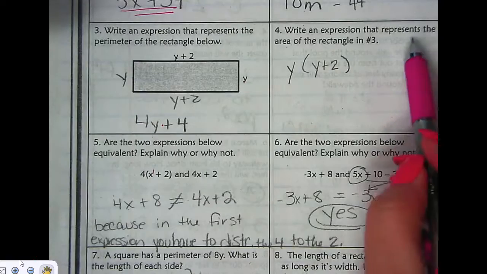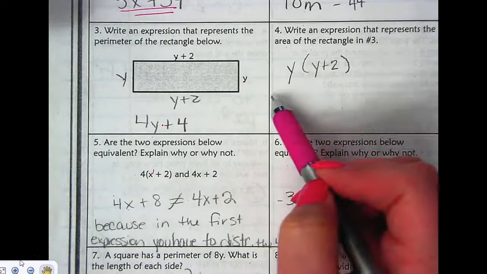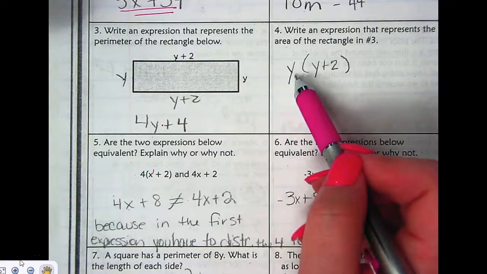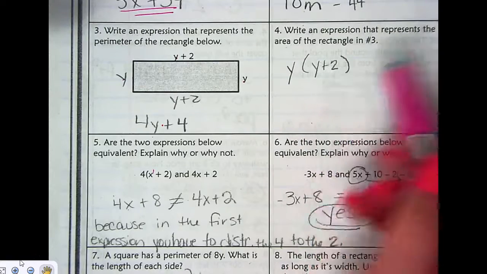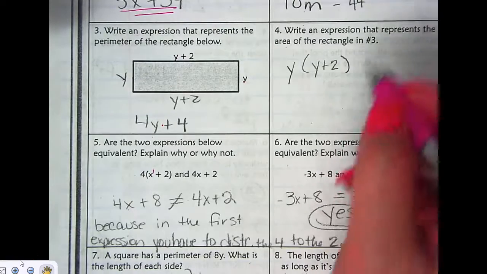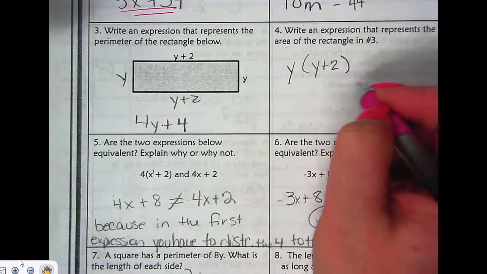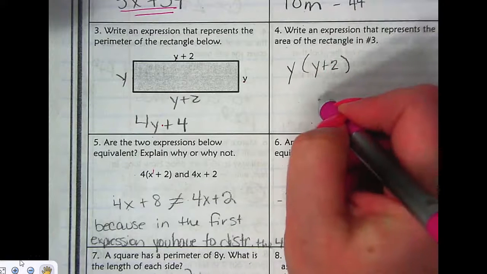Write an expression that represents the area of the rectangle. Well, area is length times width. So you're multiplying the y times the y plus 2. You could go ahead and distribute that out, and you could have y times y. One y times 1y is still 1y.